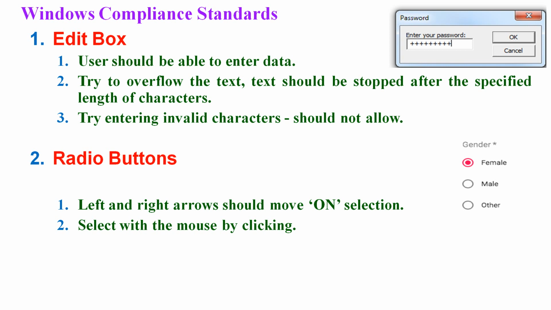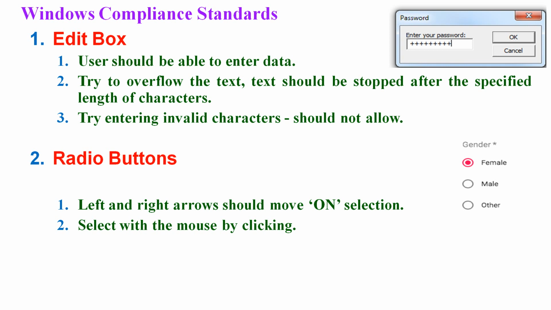These two are edit boxes. So what you are supposed to test in the edit box, you have to cover these three criteria. What is that one? The edit box should be designed in such a way that the user should be able to enter the data in the edit box.